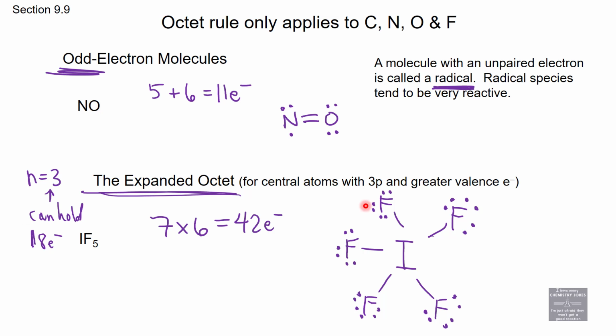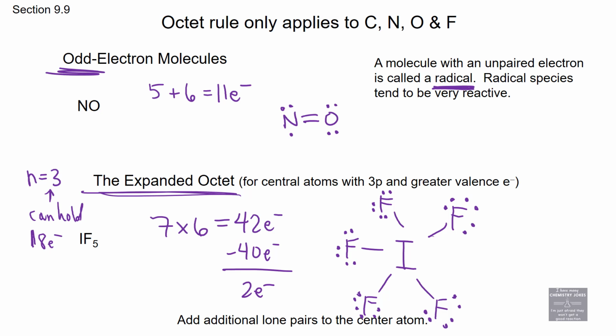Okay. 2, 4, 6, 8, 10, 12, 14, 16, 18, 20, 22, 24, 26, 28, 30, 32, 34, 36, 38, 40. It's real hard to count sometimes. So I have used 40 electrons. I've got 2 electrons left. Where do those 2 electrons go? All of my fluorines have an octet.